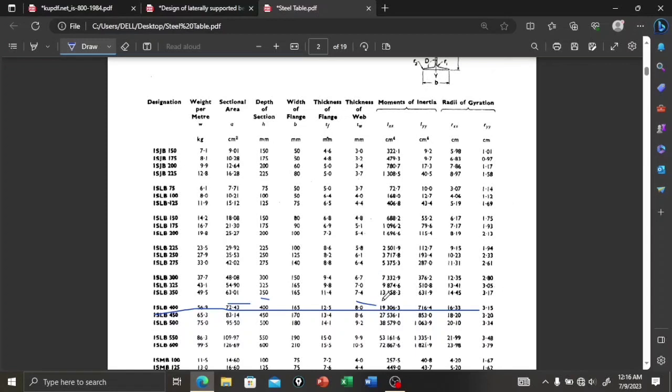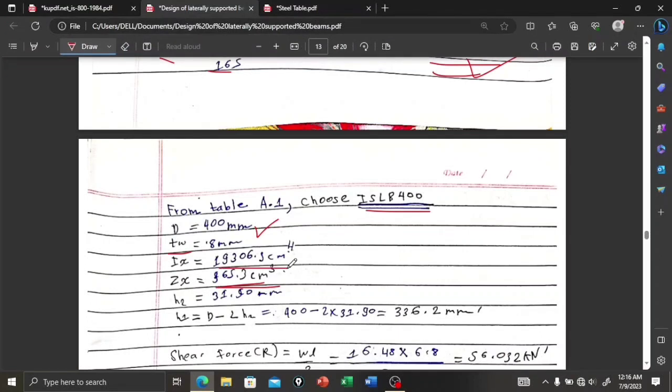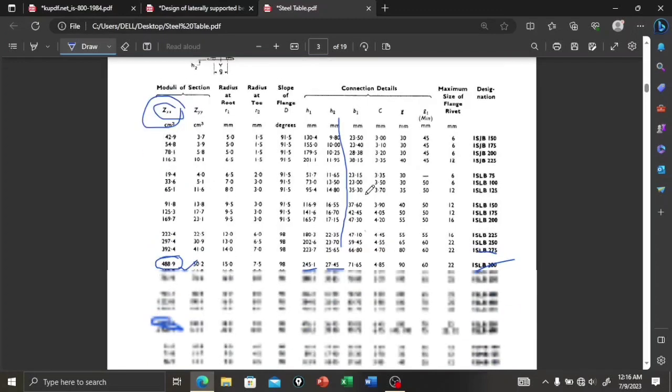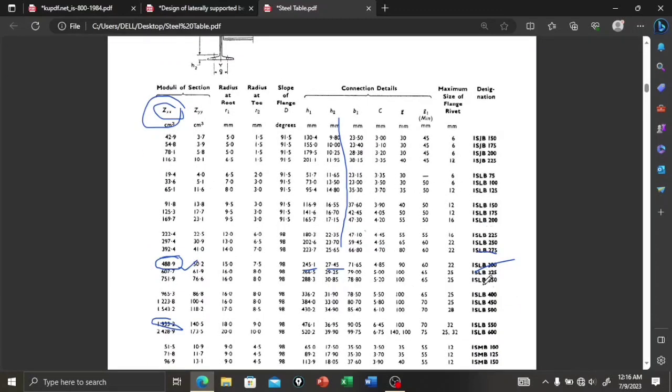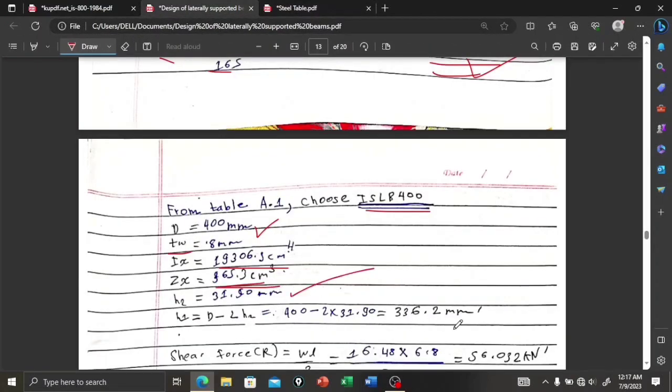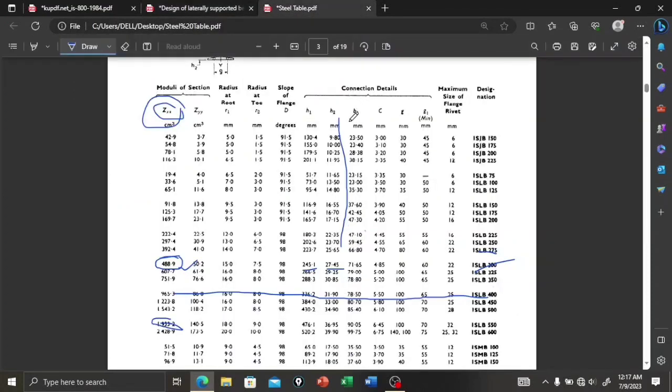IX is 19306.3 centimeter 4. r2 is 31.90. r1 is 336.2.